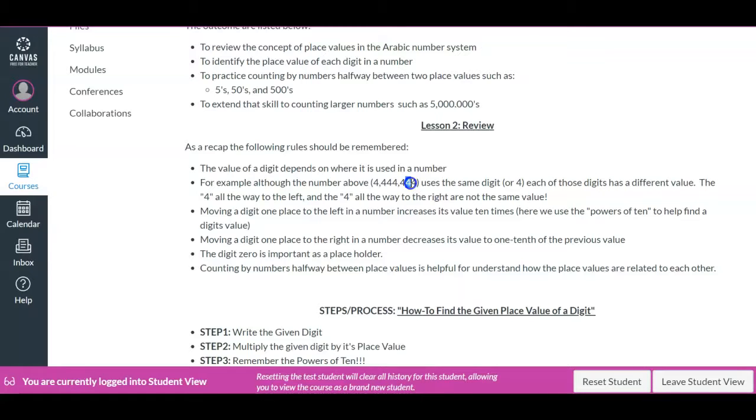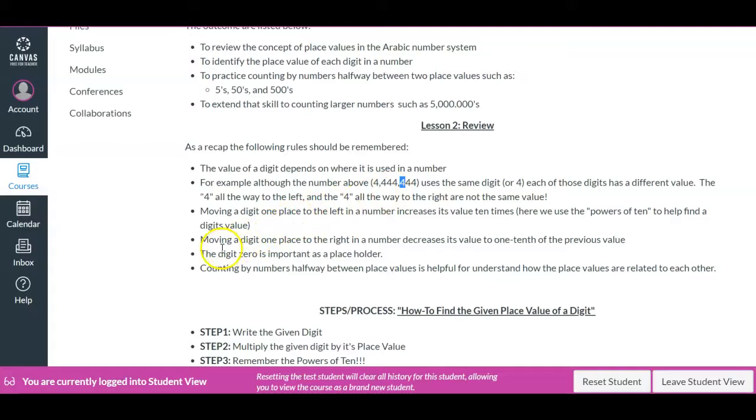If we move that 1 digit to the left, we see that this is in the tens place value, and that this 4 is not just 4, it's actually 40. That's the value of this digit here. If we continue, we see that it increases another 10 times. So this 4 is in the hundreds place, and so the value of that 4 is 400.